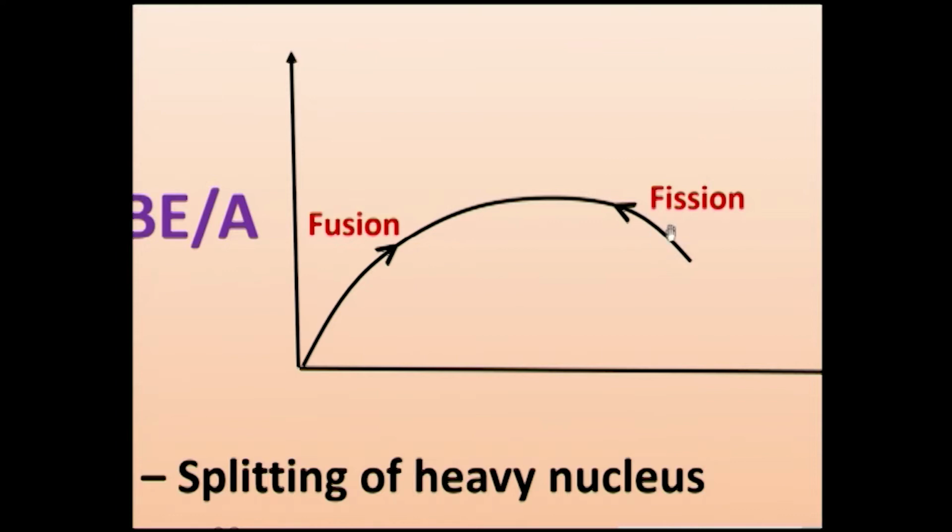This is decreasing because as the nucleus becomes bigger and bigger, proton repulsion takes place. The binding occurs because of the nuclear attractive forces, which are short range. Therefore they are well bound, but as the nucleus becomes bigger, the Coulomb repulsion also takes place, and that is not short range; it acts at all ranges.